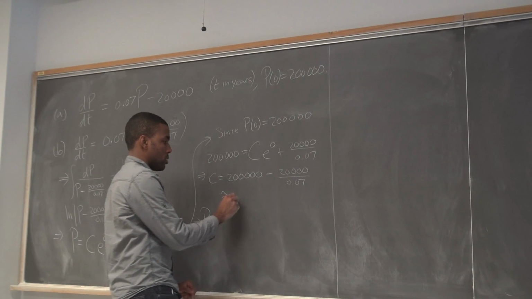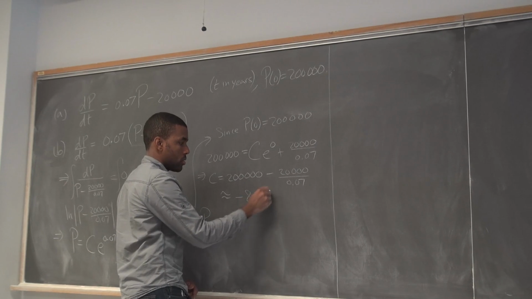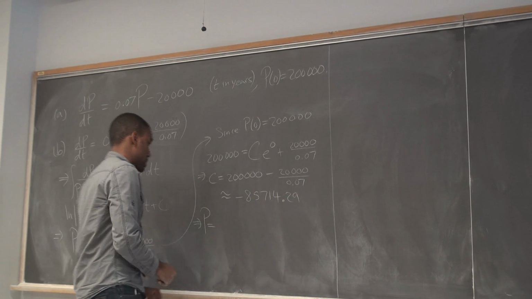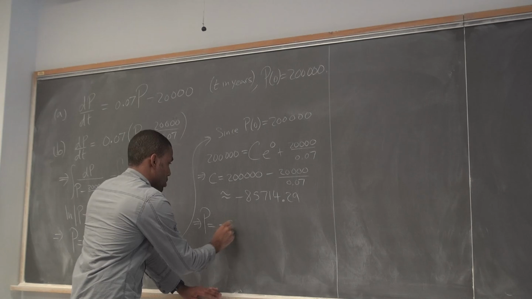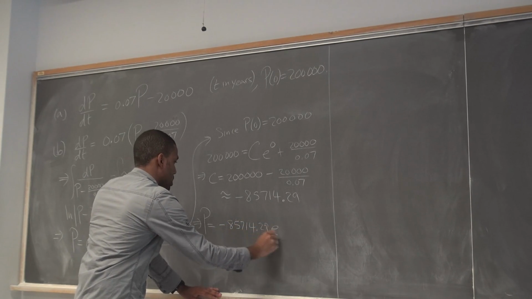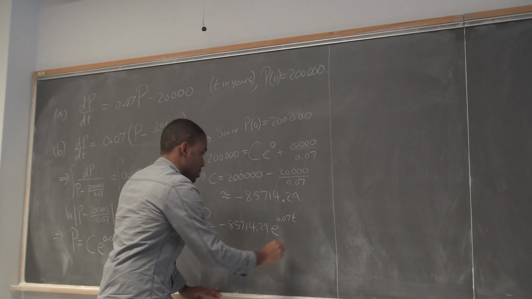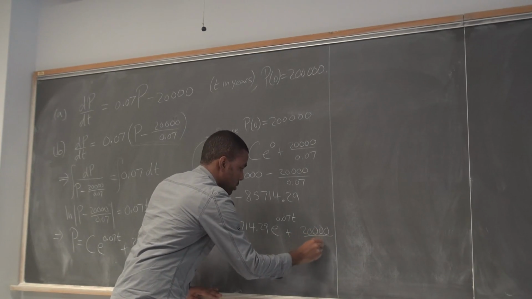Negative 85,714.29. Okay, so my P would be minus 85714.29 e to the 0.07t plus 20,000 over 0.07.